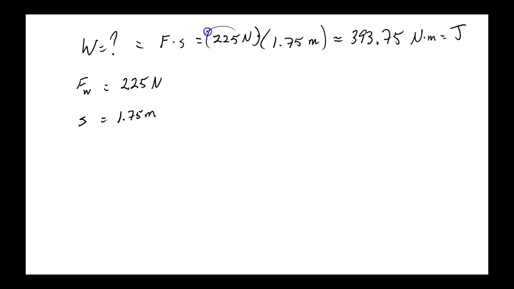How many significant digits here? 3. How many here? 3. So you count 1, 2, 3. Look to the right. Is that 5 or greater? Yes, it is. So you bump this up to 394 Newton meters or joules. 394 joules. Is that what they got? Good for them.